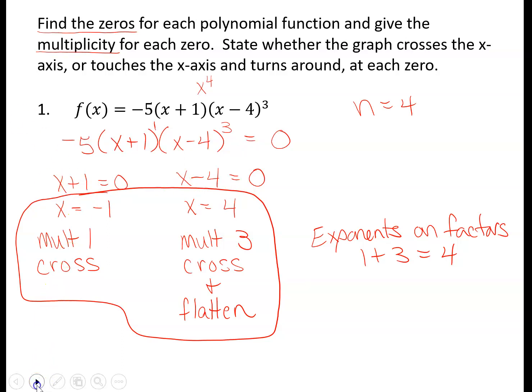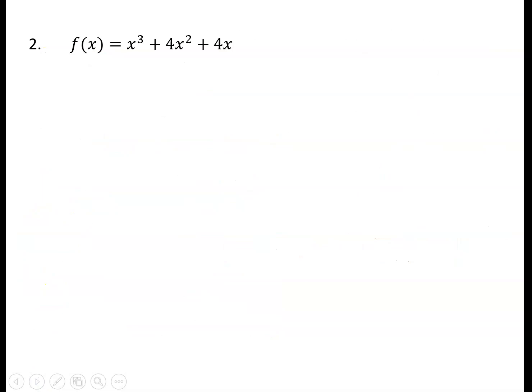Let's try another one. Okay, so this one is not in factored form. We're going to set it equal to 0, and we are going to try to factor it ourselves. So we do have a GCF of x. Let's pull that out.